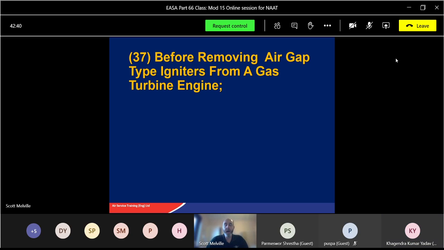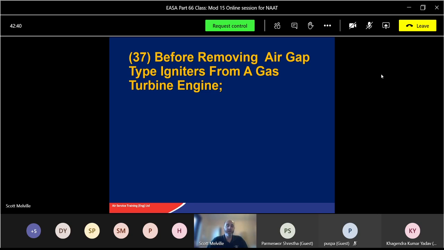Then you will wait how long for an air gap igniter? 1 second. 1 minute. 3 minutes. 3 minutes, yeah. 3 minutes for an air gap, 1 minute for a surface gap.